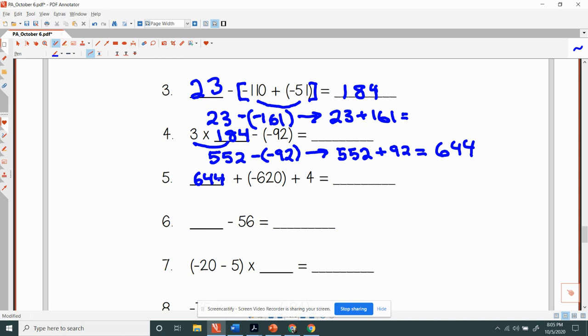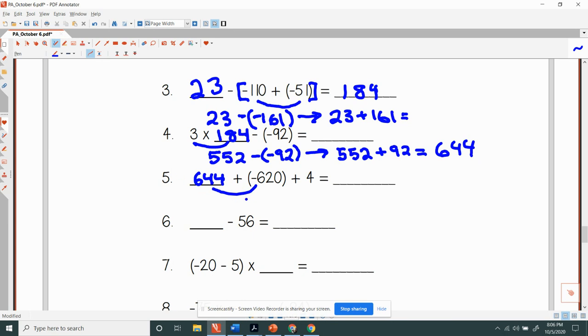Now we have different signs. We're adding. We only need to do two numbers at a time. We can save the 4 for later. We have 644 plus a negative 620. If we have different signs, we subtract and keep the sign of the larger number. So 644 minus 620 is 24.